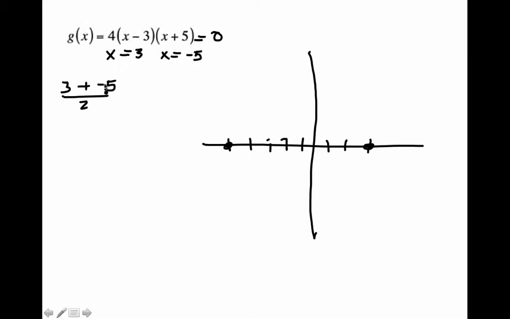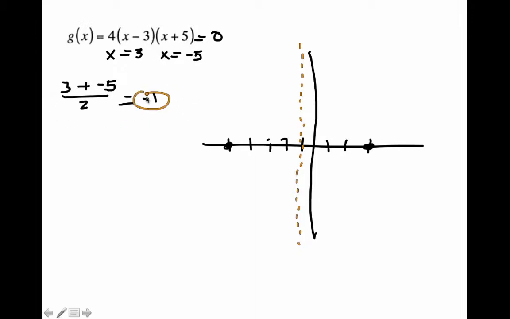That's finding the average. I get negative 2 over 2, which is negative 1, and that tells me that x equals negative 1 is the axis of symmetry.